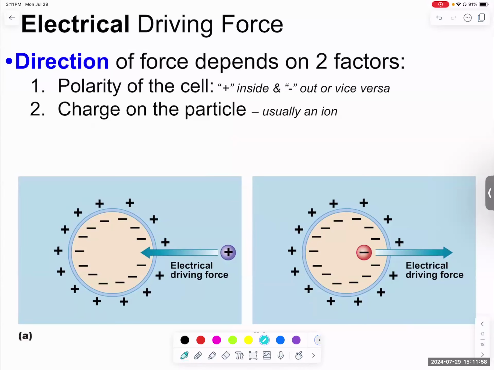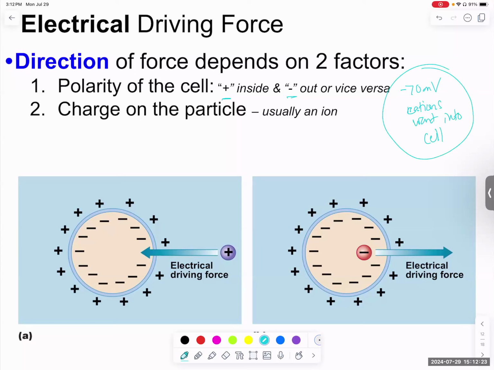And the direction of the electrical driving force is going to be determined by the polarity of the cell, meaning, is it more positive inside? Is it more negative? Well, we've been saying, it's a negative 70. That means cations want into the cell, right?